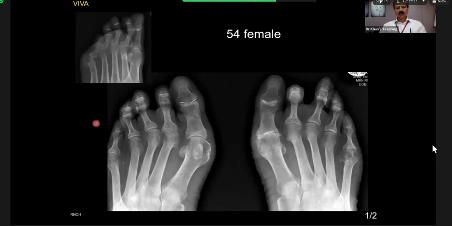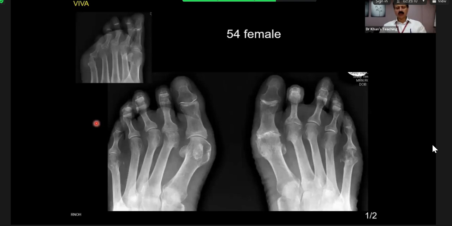Well done. So the take-home point here is that as far as the metatarsophalangeal joints are concerned, you have to keep a few things in mind. CRA, as in chronic reactive arthritis, also involves it, and so that can be in the differential diagnosis, unusual for a 54-year-old with CRA.